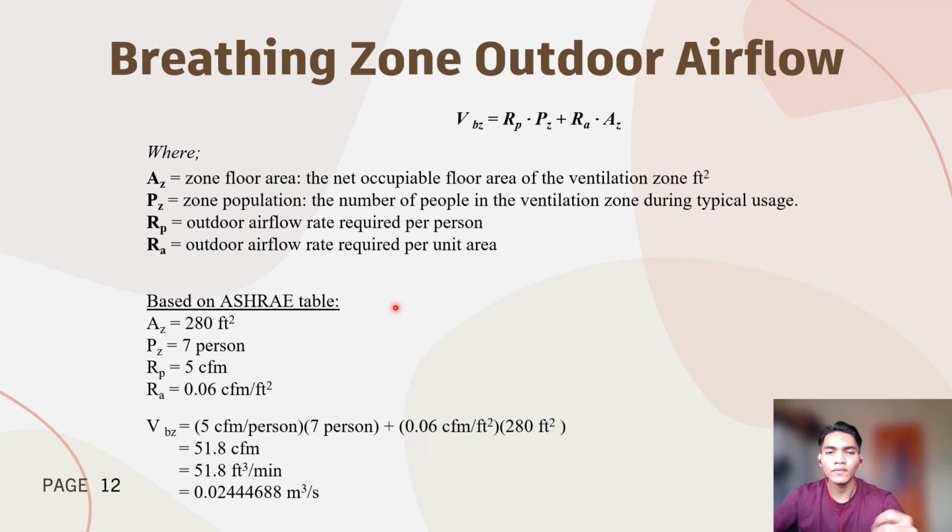All we have is just to add all the value into the breathing zone outdoor airflow equation, and then we got the value. So what we have here is 51.8 feet cube per minute, and we change it to meter cube per second, which is 0.02444688 meter cube per second. Now we have the breathing zone outdoor airflow value.